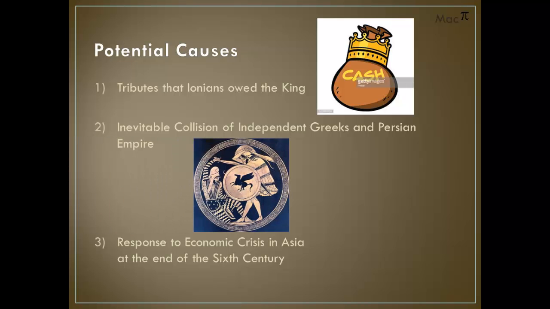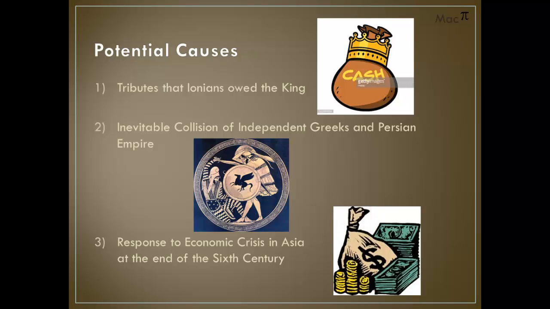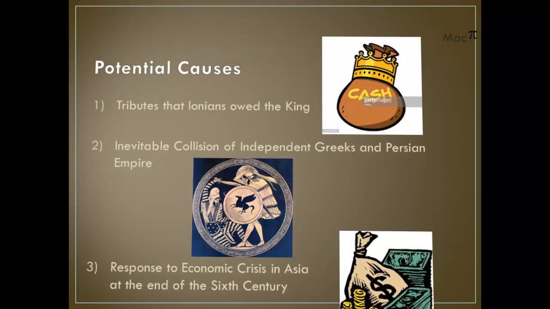A second possibility is that the Ionian Revolt may have simply been the inevitable result of the Greeks finally colliding with the Persian Empire. And a third possibility is that the revolt was a physical response to the economic crisis in Asia at the end of the 6th century BCE, a crisis that was causing financial strains on citizens.